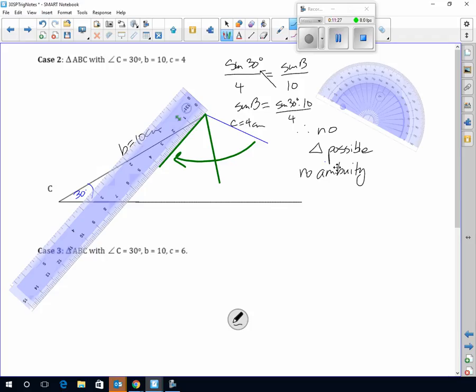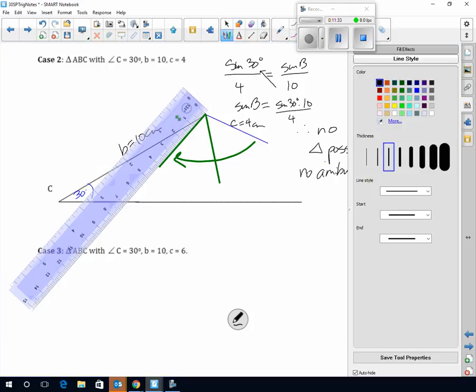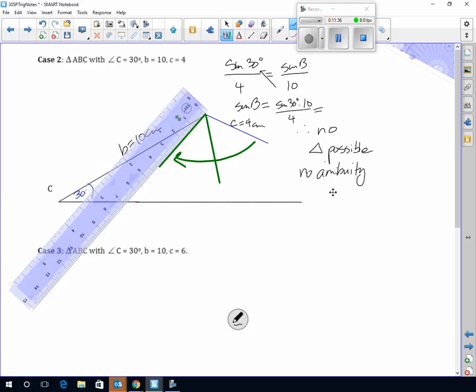And what was sine of 30 degrees again? A half. What's a half times 10? 5. 5 divided by 4. What is that as a decimal? 1.25.